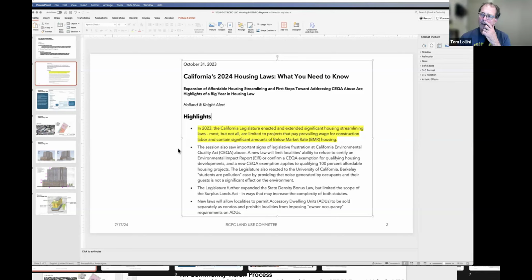So let's jump in about state density bonus law, which says that if you include affordable units, which this project does and the CCA project does, that meet a certain threshold, it's not just like there's a set number of bonus housing units that you get through that law. You might qualify for a bonus of 20 or 30%, or now they've increased the state density bonus law that you can get 50%, you can get 100% bonus on the density.